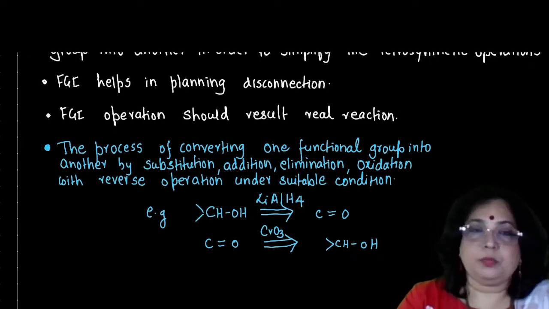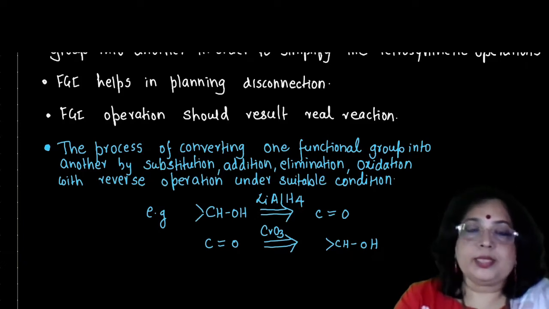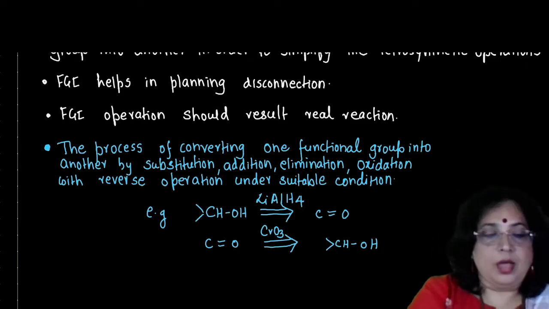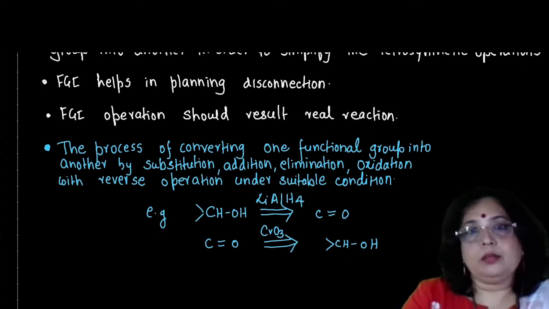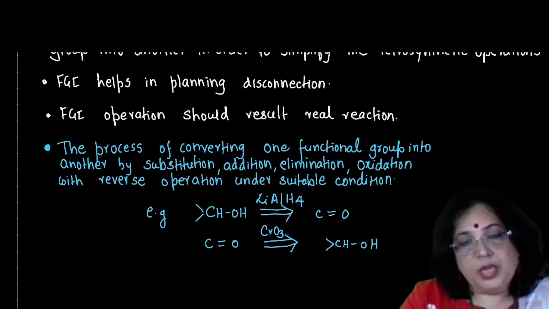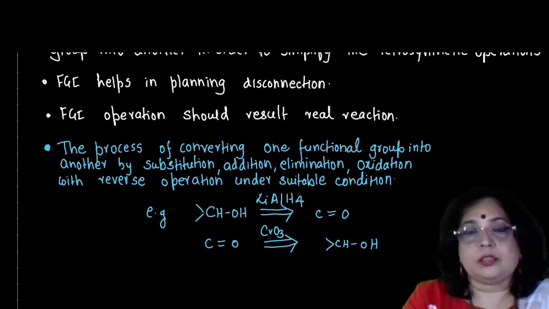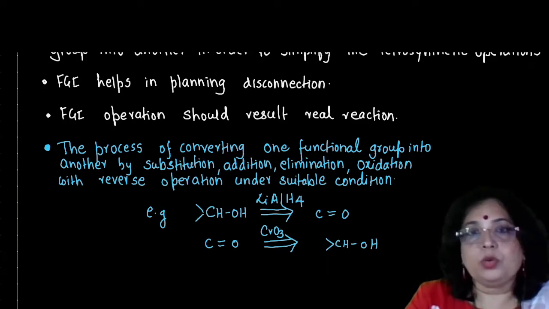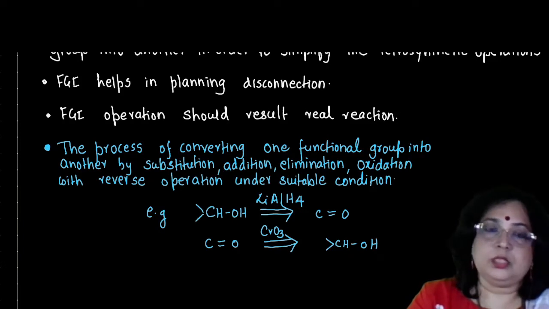Please remember this point. Now, I have quoted two examples. Here this arrow means a reverse direction. I just wanted to convert this CO group into this CHOH.